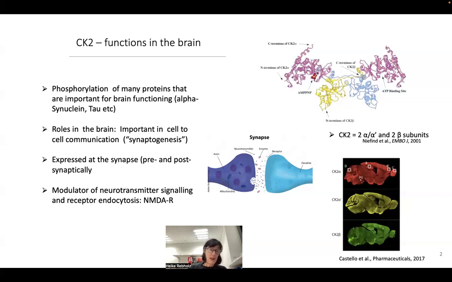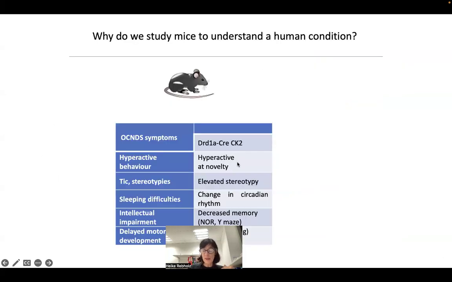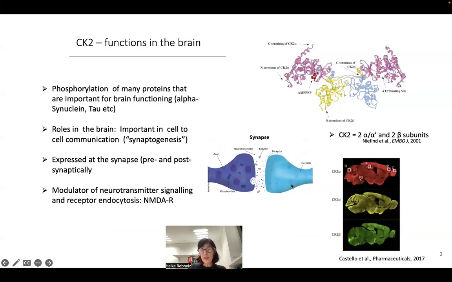And many people, including us, have studied that CK2 plays a role in modulating or in being active at the synapse. And the synapse in the brain is the point where 2 nerve cells, 2 neurons interact and communicate with each other. Here's a little scheme that shows you the cell that releases a neurotransmitter, so releases the message to the receiving cell, which we call the postsynaptic cell.